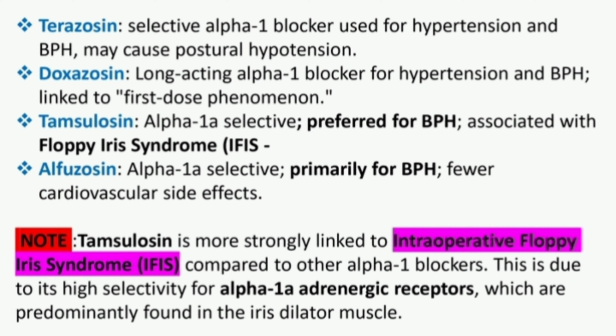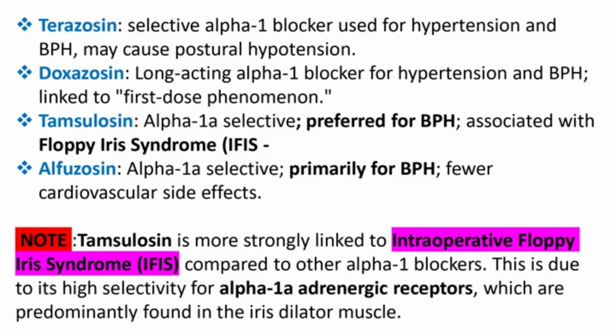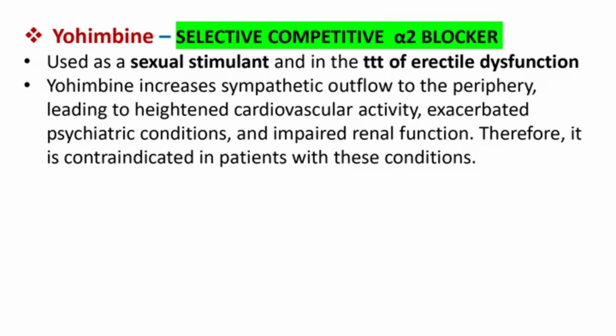And the last drug I mentioned here is yohimbine. It's a selective competitive alpha 2 blocker. The important point for this drug is that it's mainly used as a sexual stimulant, and it's also used for the treatment of erectile dysfunction. Just read the next point and understand it.